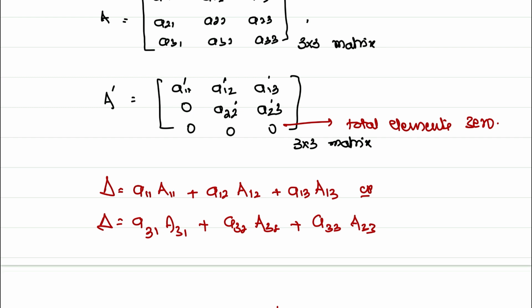Then this becomes A double dash is equal to A dash 1 2, A dash 1 3, A dash 2 2, A dash 2 3. Just for visualization. And what are the number of non-zero elements and non-zero rows here? Only these two.